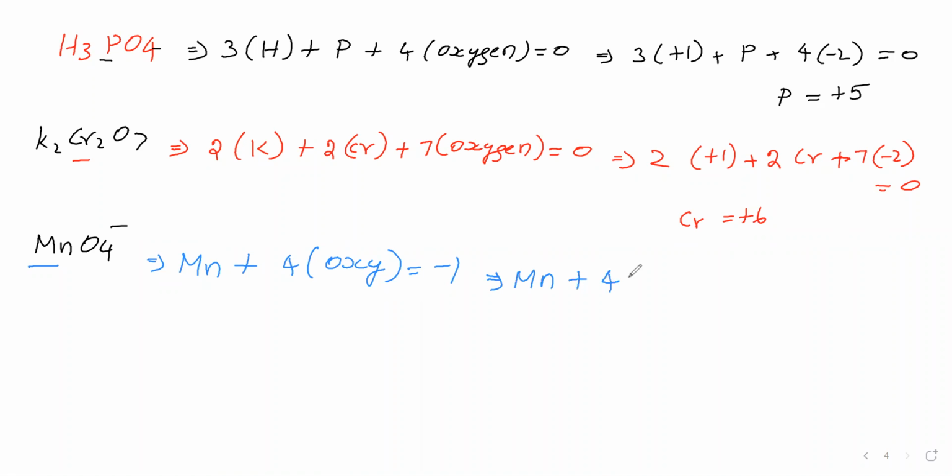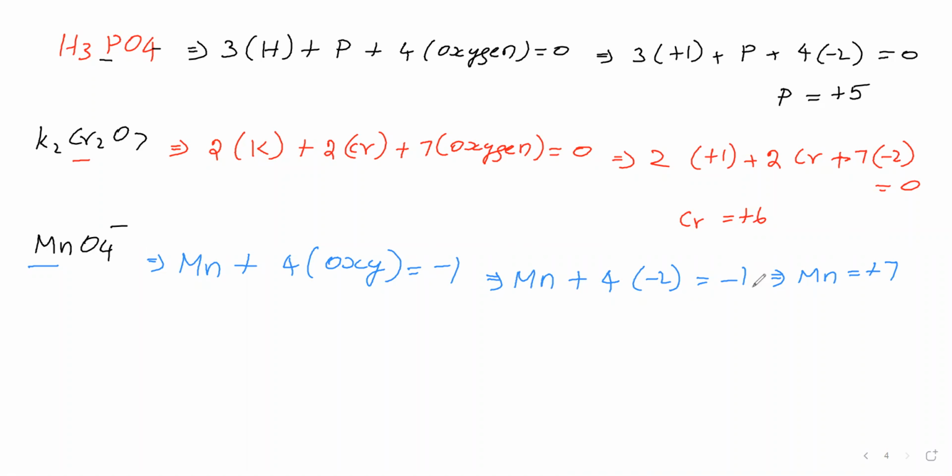Substitute oxygen oxidation number -2, equal to net charge -1. From this, we can find the manganese oxidation number +7. So we found the manganese oxidation number here.